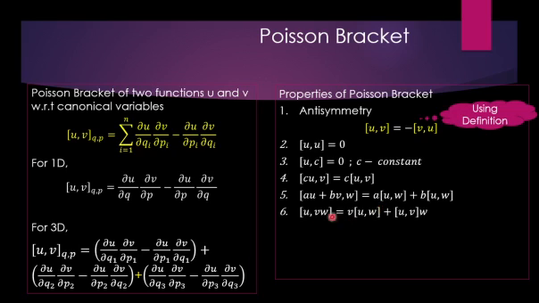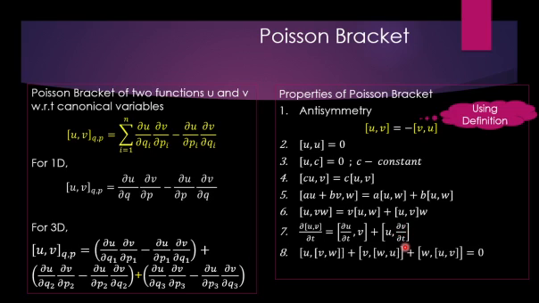Similarly, if u is taken in Poisson bracket with the product of two functions, then it would be v into [u, w] plus [u, v] into w. And you can also take the partial derivative with respect to time of a Poisson bracket; it's like the product rule, like Poisson bracket of del u by del t with v plus Poisson bracket of u with del v by del t.